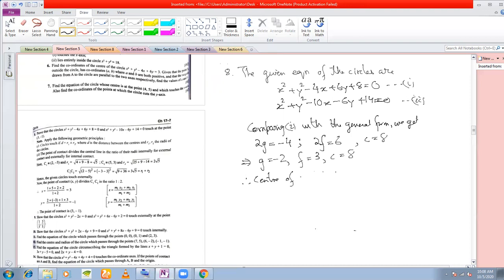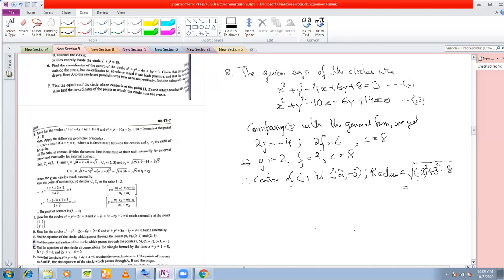Therefore, what is the center? Center of 1 is (minus g, minus f), which means change the sign of g and f: (2, minus 3). And what is the radius? The formula is square root of g square plus f square minus c.